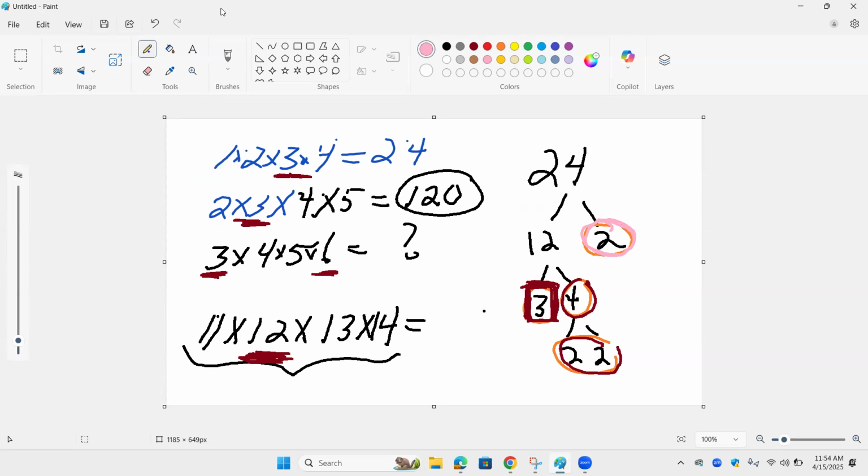So let's pick this one, that one. Now I'm gonna pick this one. I know the four is divisible by two.